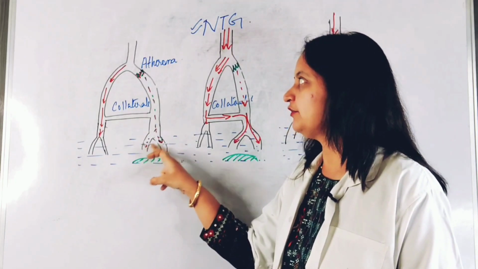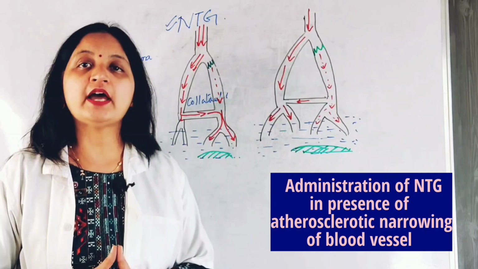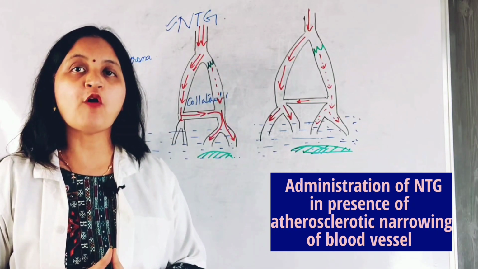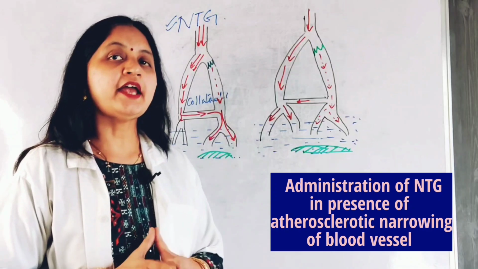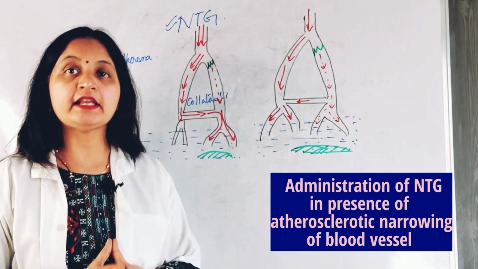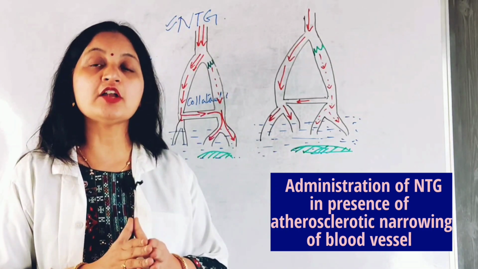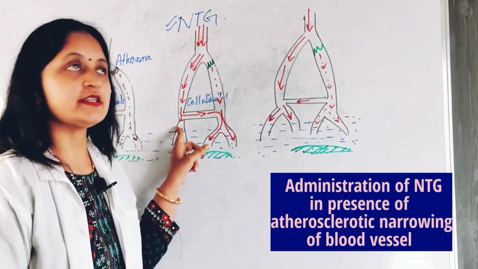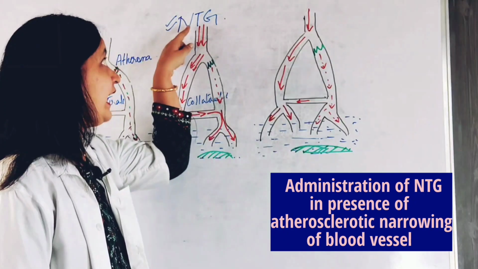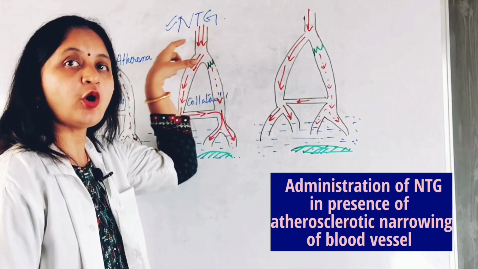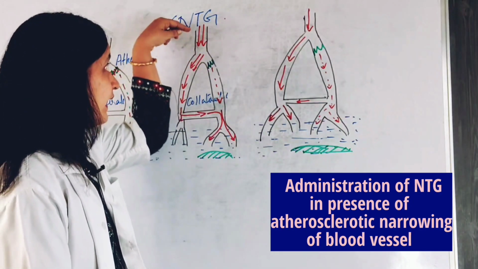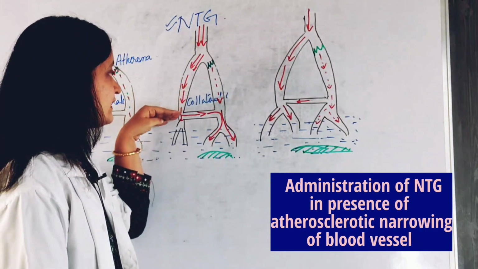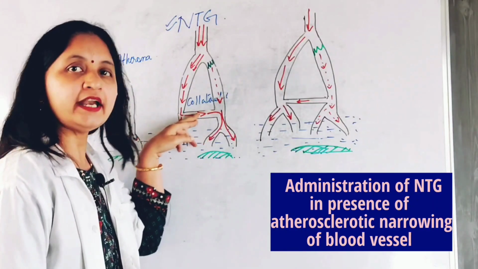in the ischemic region. So what happens when nitroglycerin is administered in presence of atherosclerotic narrowing of coronary arteries? Now, nitroglycerin, as we have learned, predominantly acts on the larger blood vessels without affecting the resistance blood vessels. So nitroglycerin dilates the large epicardial coronary arteries, and this enhances or facilitates the blood flow through the blood vessels and opens up the collaterals.